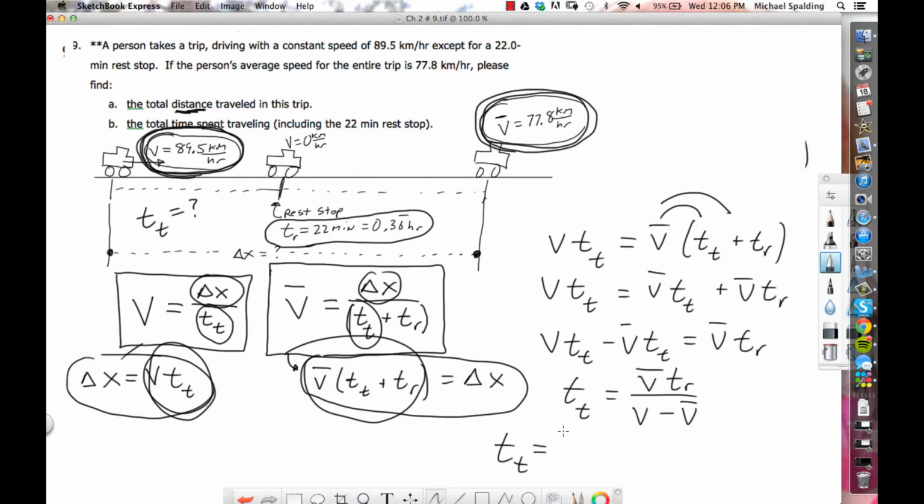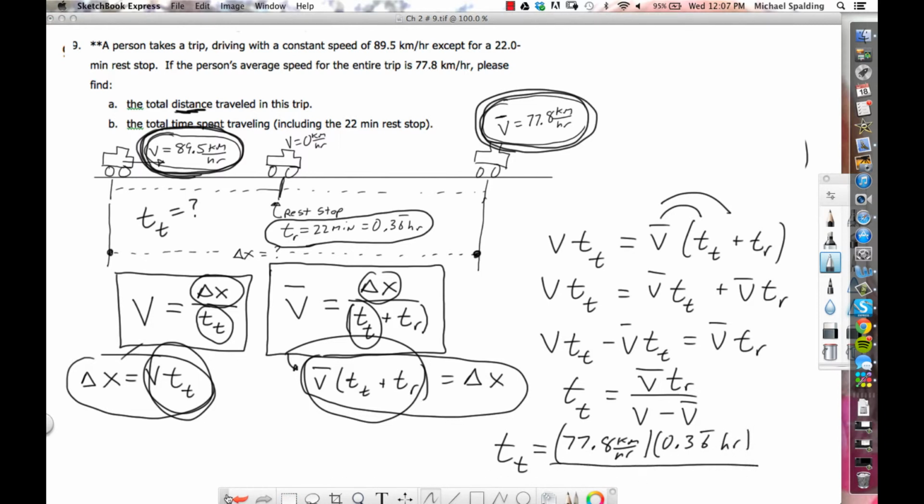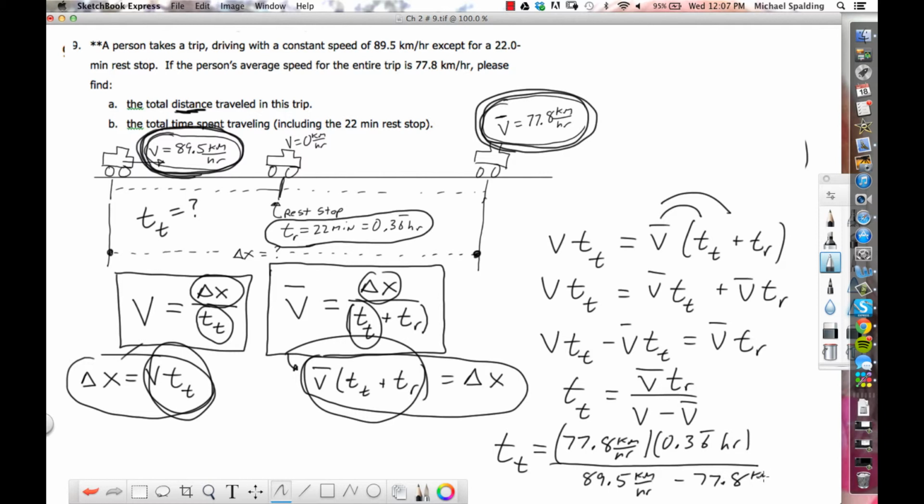Time of travel, so v average is 77.8 kilometers per hour. Time of rest is 0.36 repeating hours. And then v instantaneous is 89.5 kilometers per hour. And then this is 77.8 kilometers per hour.